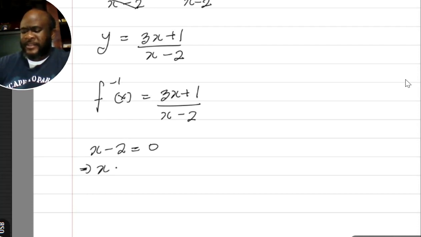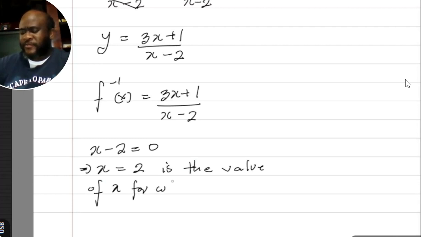Therefore, x is equal to 2 is the value of x for which f inverse is undefined.